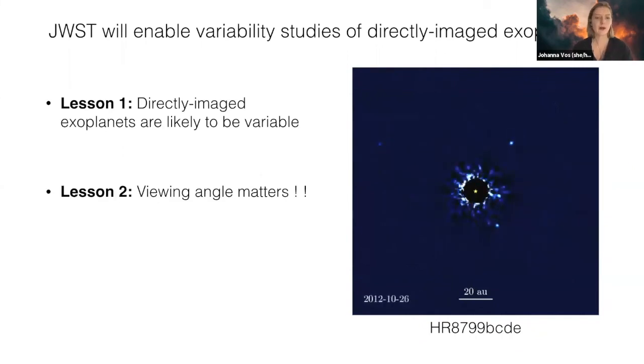Lesson 2, however, is that the viewing angle really matters. So while I think it's very likely that these planets host the sort of atmospheres that would show variability, they're also probably inclined pole on based on their orbit. So we may be unable to detect any variability.